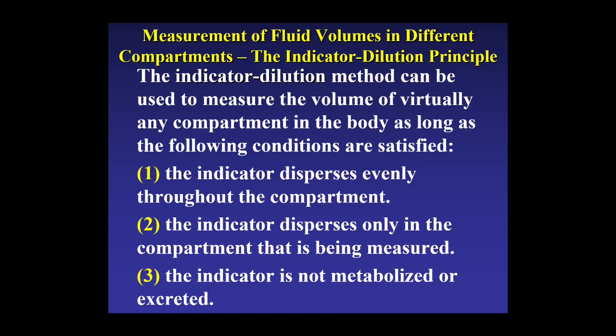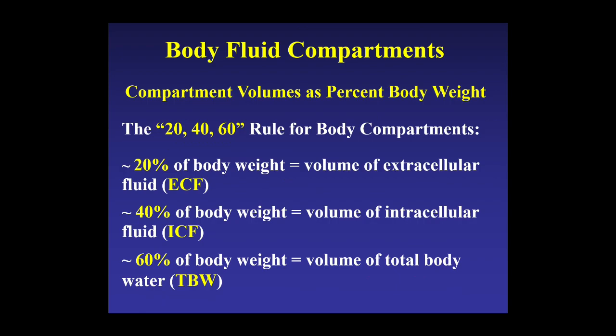Now let's look at some examples before we get to applying this method. We have the compartment volumes as a percentage of your body weight. We have this rule. We call it 20-40-60.